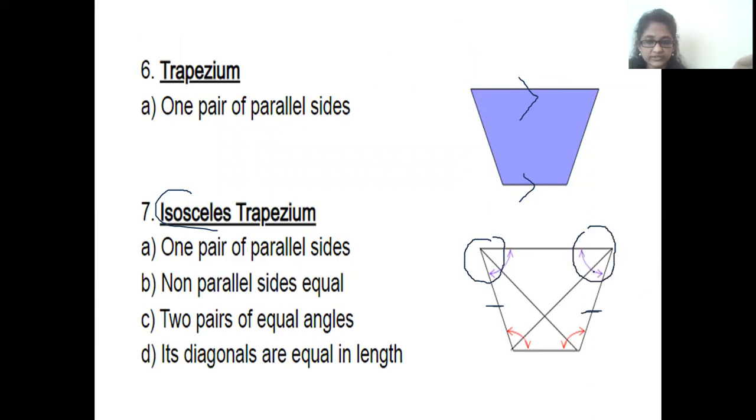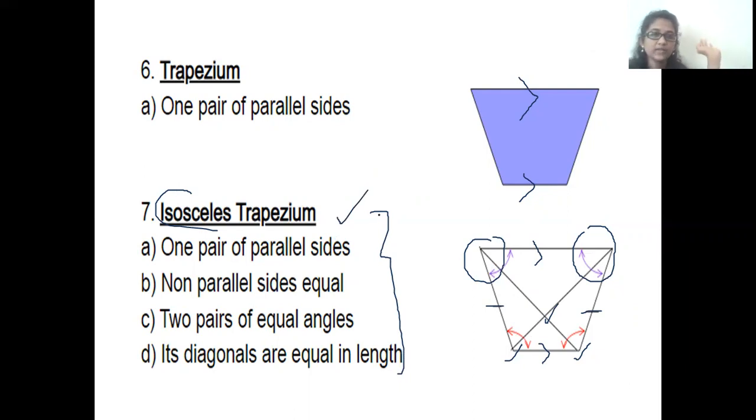So these two are equal to each other, and these two are equal to each other. And also we can draw a line from here and here. These two are diagonals, and they bisect each other. And also we can have one pair of parallel lines. These two are parallel to each other. So these are the special characters that we can find from the isosceles trapezium.